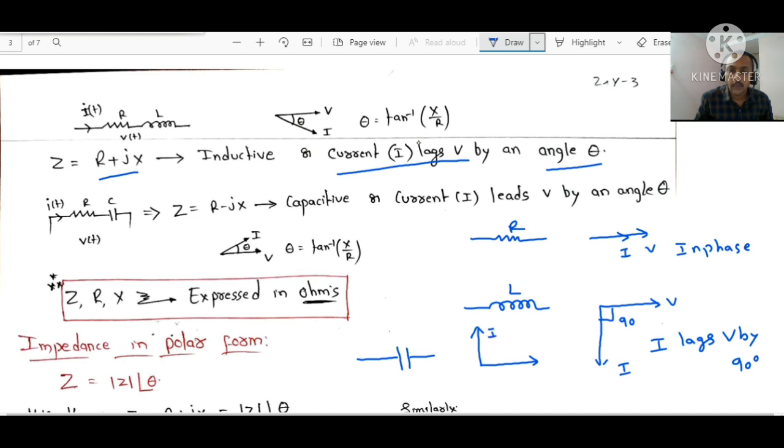Very important, dear students. Current leads the voltage by 90 degrees. This is for the capacitor and the other is for the inductor. These basics are very important.